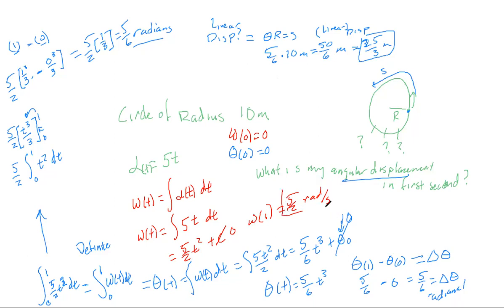How do I convert this to a velocity? The velocity I'd consider at that point is a tangential velocity.